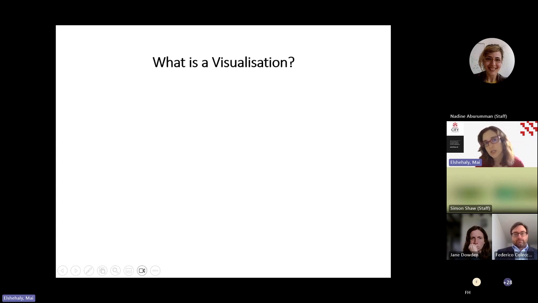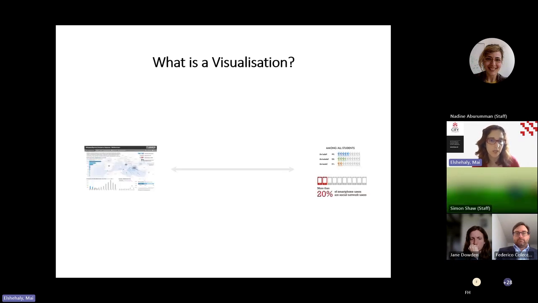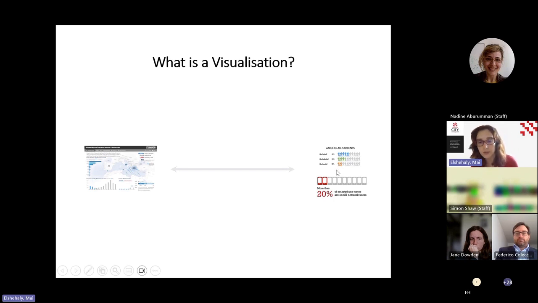On the other side of the question is the visualization. So what is a visualization? To answer this question, we can look at different examples of visualizations that we see around us that range from things that are highly interactive, like dashboards, to things that are more static, like infographics that are sometimes included in policy documents or in reports.